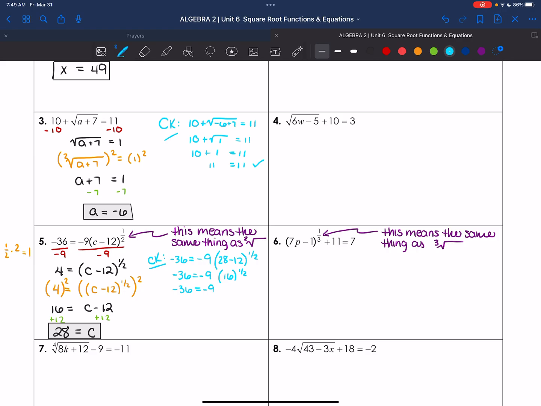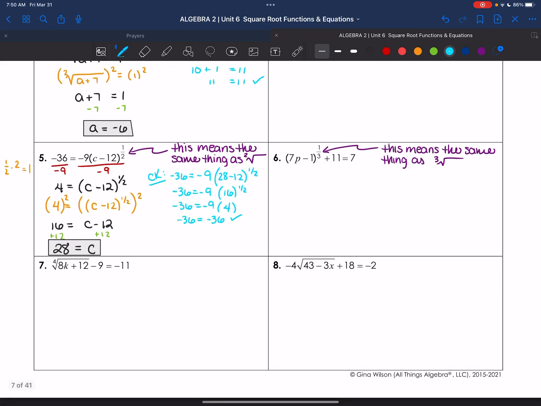So what is the square root of 16, ladies and gentlemen? It is 4. So we have -36, and the product of those two, -9 and 4, is also -36. So this is a solution. We can say that confidently since we've checked.